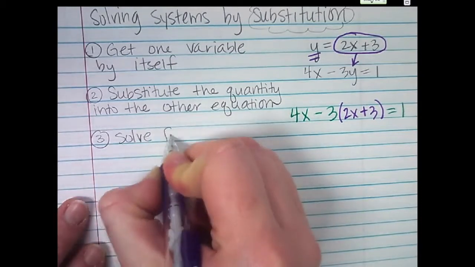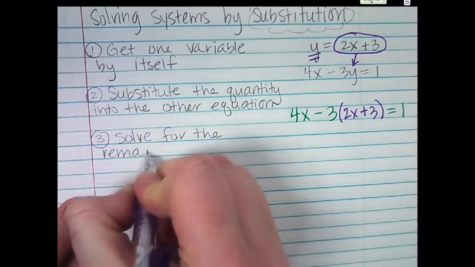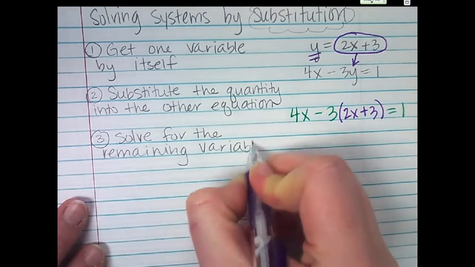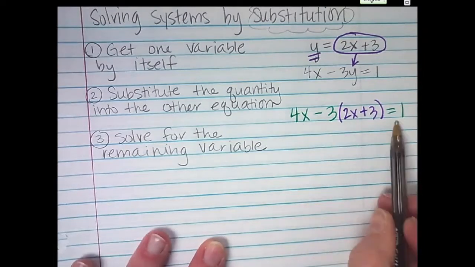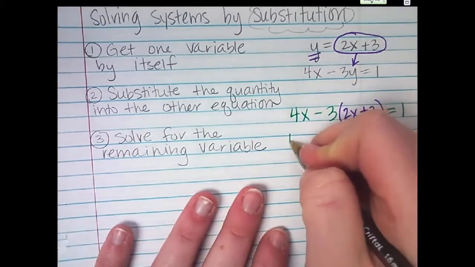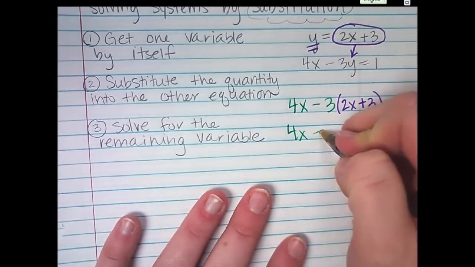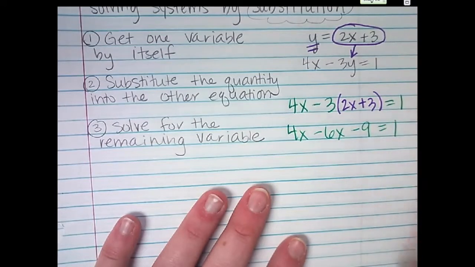So step 3, I want to solve for the remaining variable. So in this case, we're going to solve for x. Okay, so over here, you've done this before. So I'm going to distribute. So I have 4x minus 6x minus 9 equals 1.